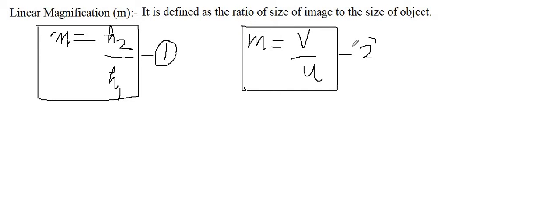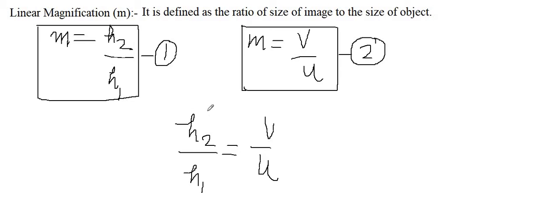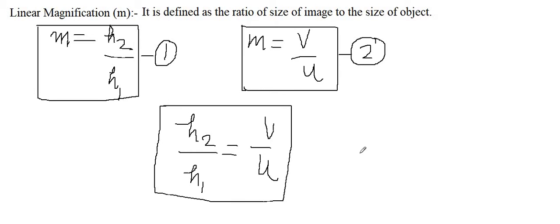So this will be the second formula for magnification. Now if we compare equations 1 and 2, we get another relation, h2 upon h1 is equal to v upon u. This is another relation which is going to help in numerical practice.